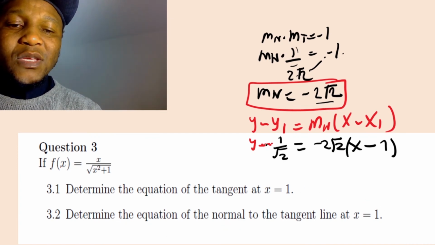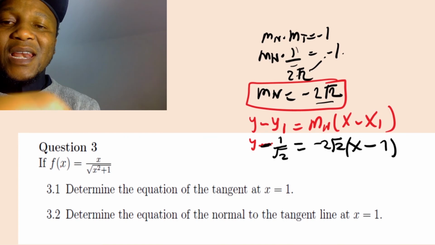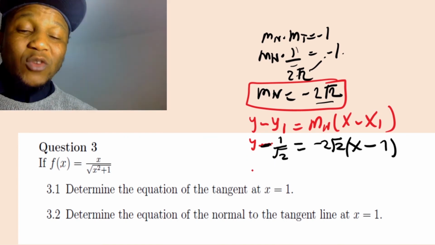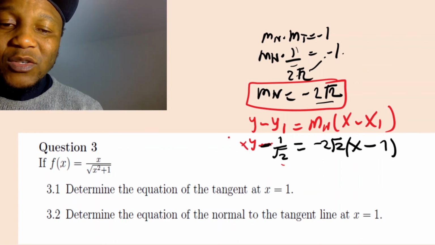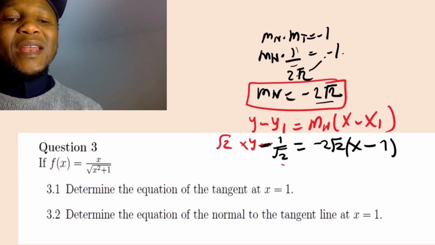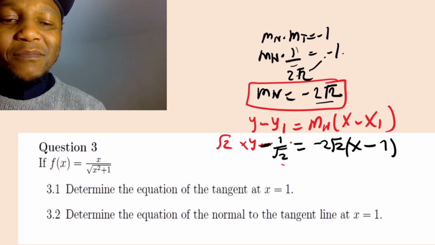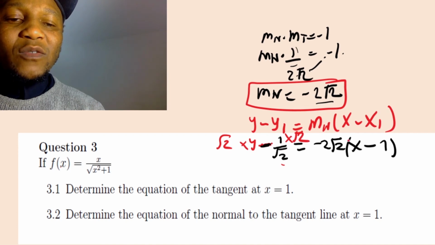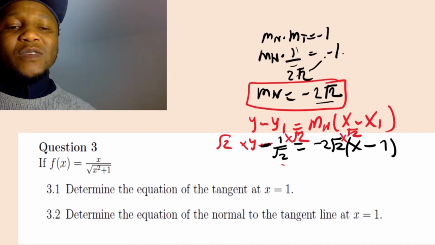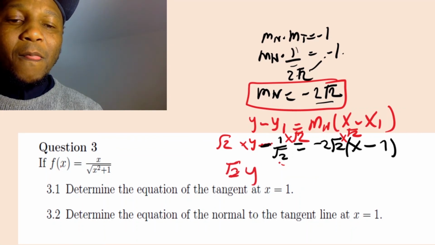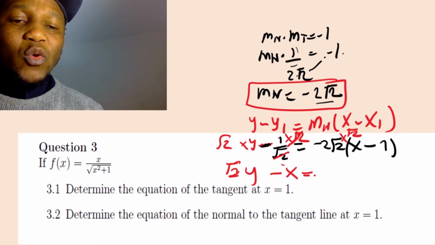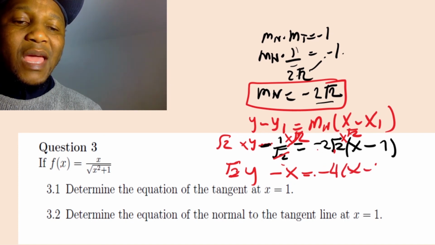Because I want to make it linear, I multiply by square root of 2 throughout each term, since I don't want this in the denominator. Like I said, this is basic.